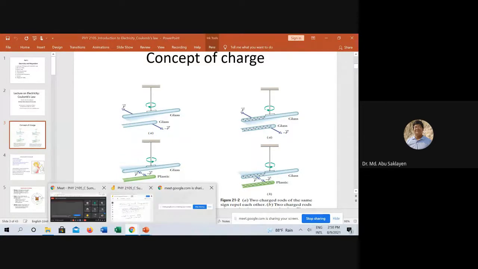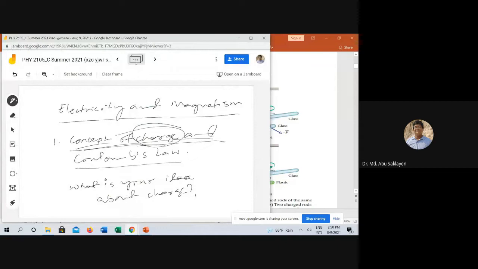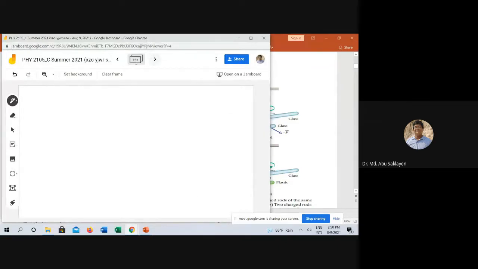It depends on the nucleus of the atom. Hydrogen has one proton in the nucleus and one electron orbiting around the nucleus. If somehow you remove the electron from the hydrogen atom, this is H plus.